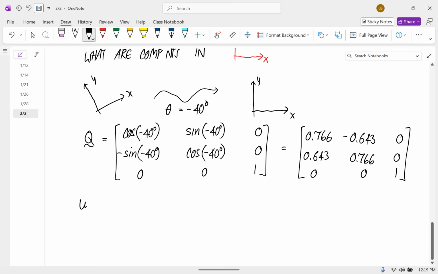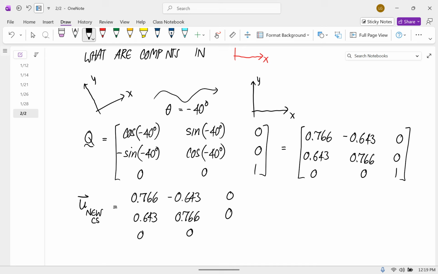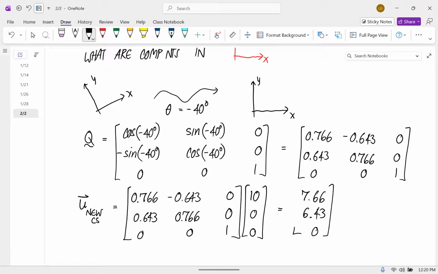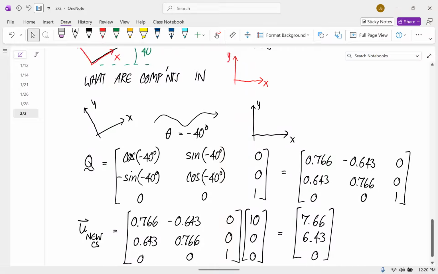So our u vector in the new coordinate system is just this Q matrix times the original vector, the vector in the original coordinate system, which was 10, 0, 0. And you get 7.66, 6.43, 0.